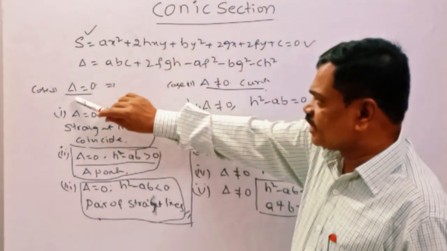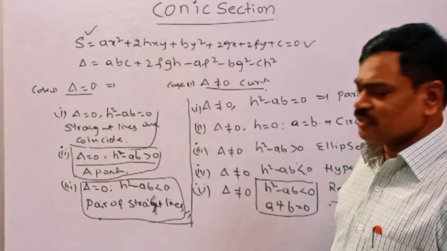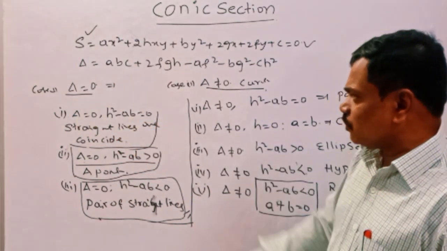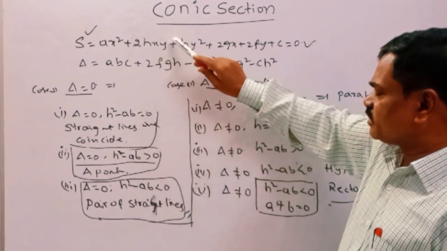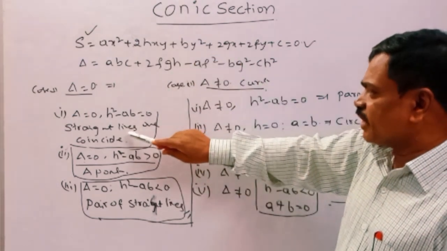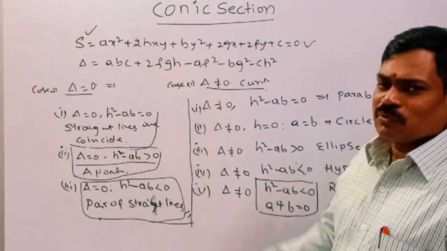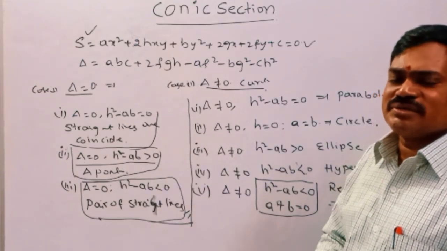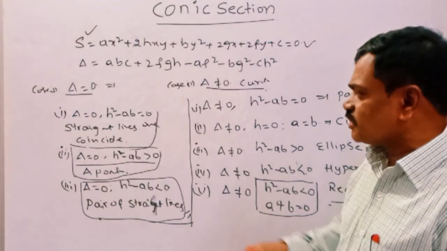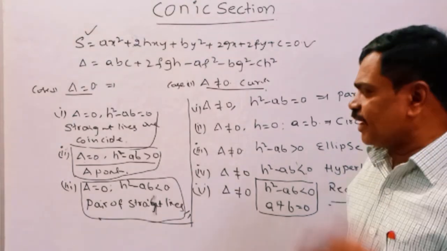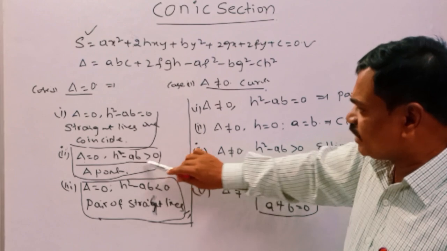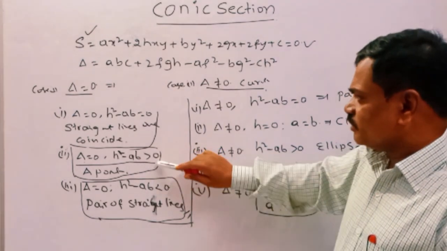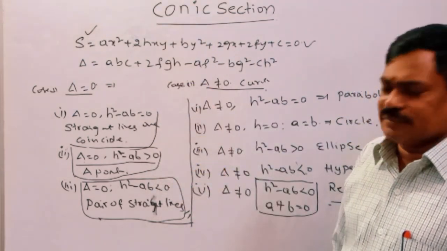So in case 1, if delta is equal to 0 and h square minus ab is equal to 0, the conic section represents coincident straight lines, simply a straight line. Delta is equal to 0, h square minus ab greater than 0, it represents a point.